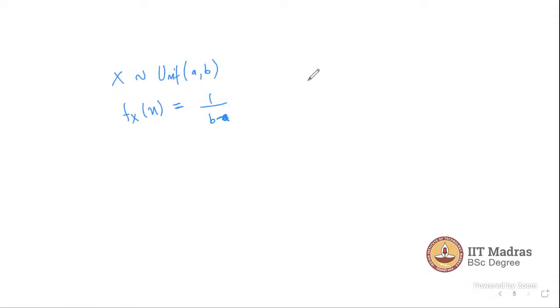In this case, you have to find the ML estimator for A, right? So the same thing you apply here. You find the likelihood function, then using the same logic that we have used in the previous problem, this will work here.